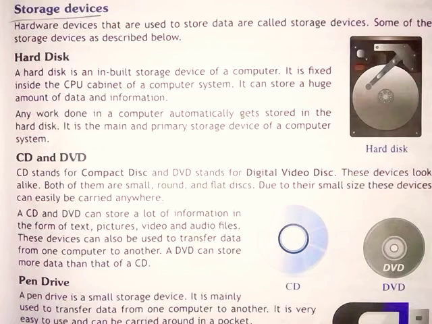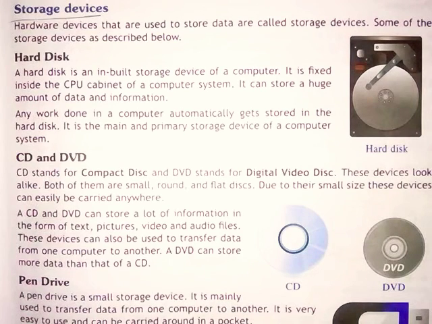CD and DVD. CD stands for compact disc and DVD stands for digital video disc. These devices look alike. Both of them are small, round, and flat discs. Due to their small size, these devices can easily be carried anywhere.